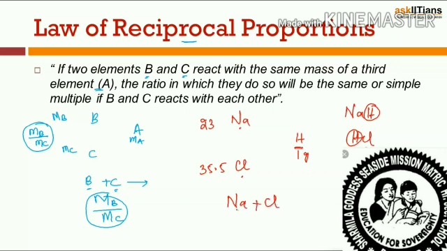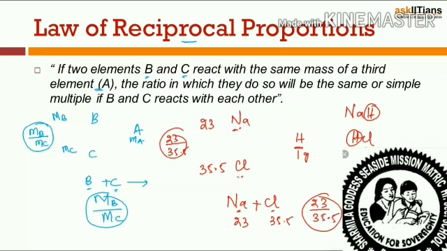Here sodium is 23 and chlorine is 35.5. So this much sodium and this much chlorine react with 1 gram of hydrogen. Now let's see the reaction between sodium and chlorine. Sodium and chlorine react and form NaCl, so one atom of sodium and one atom of chlorine will react. What is this ratio?